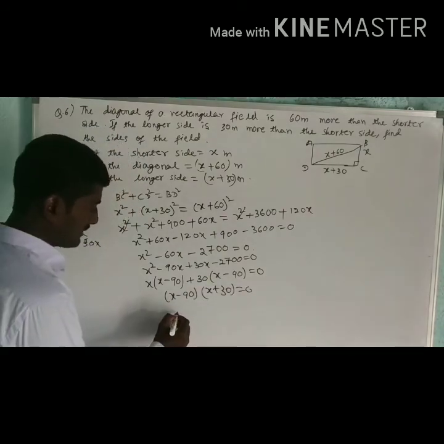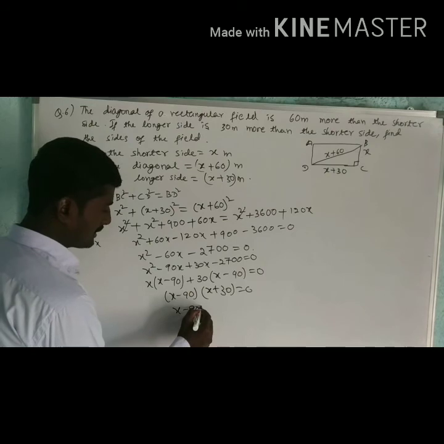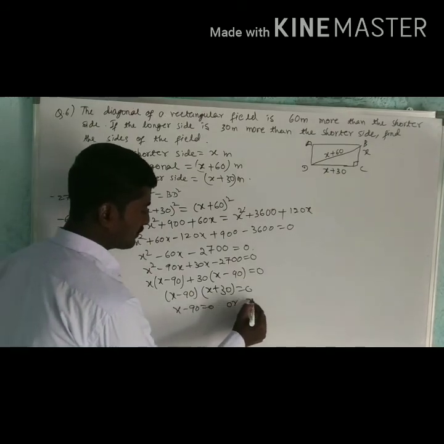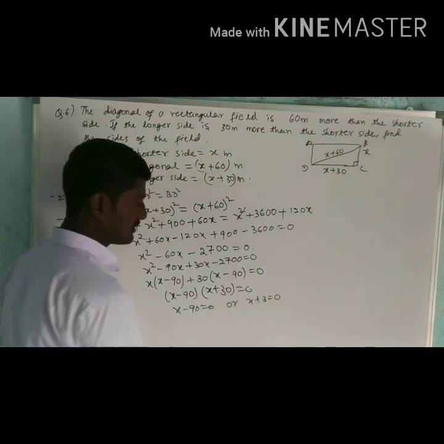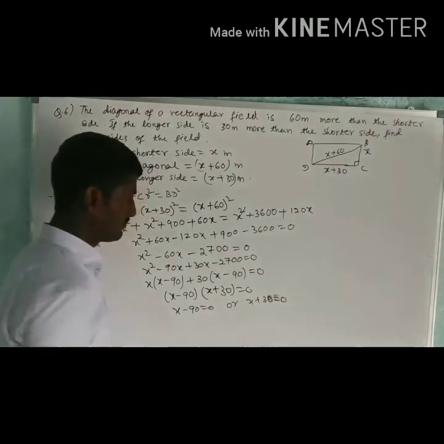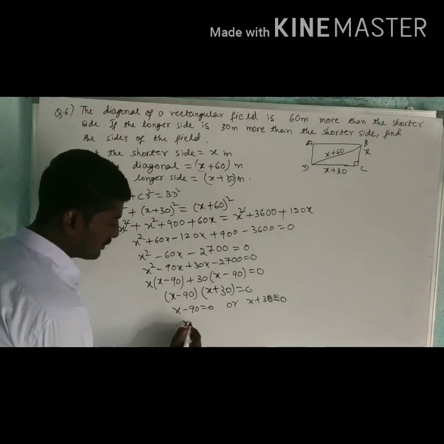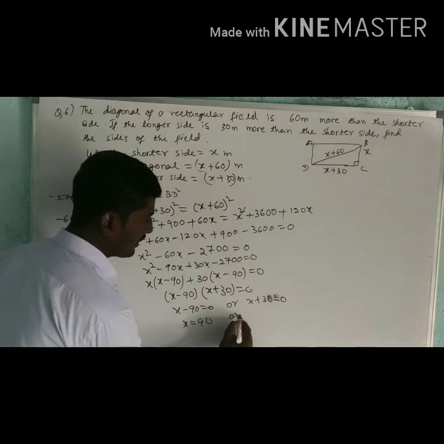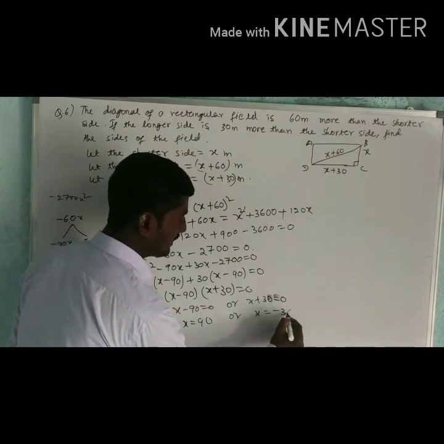Now x minus 90 is equal to 0 or x plus 30 is equal to 0. Now here x is equal to 90 or x is equal to minus 30.